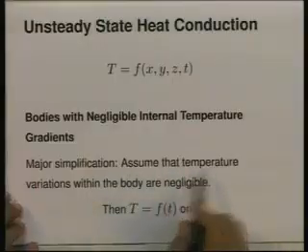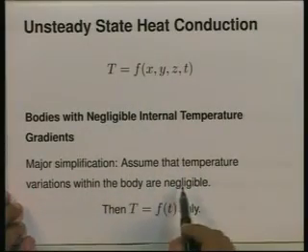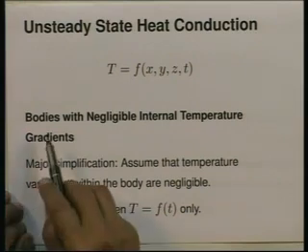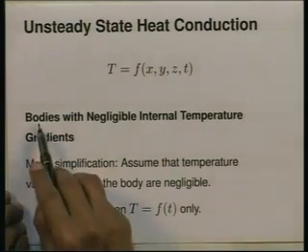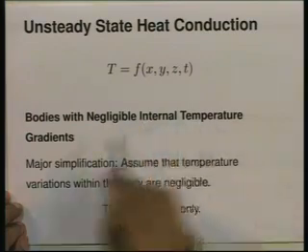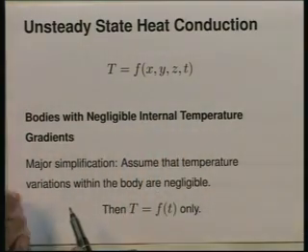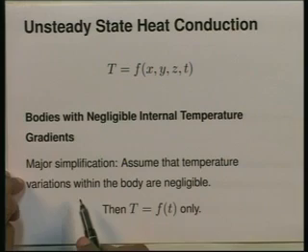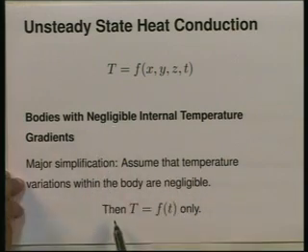Obviously, temperature variations within that body are always going to be very small. You understand? So, a major simplification is possible if we assume that temperature variations within the body are negligible. That is, we first take up for consideration bodies with negligible internal temperature gradients. And what is the mathematical simplification as a result? The mathematical simplification is that the temperature T is then only a function of time.